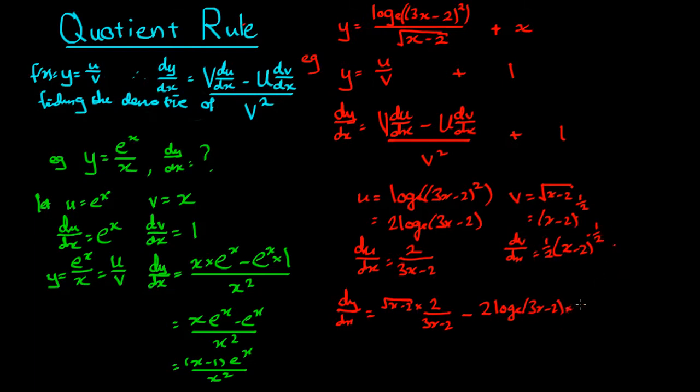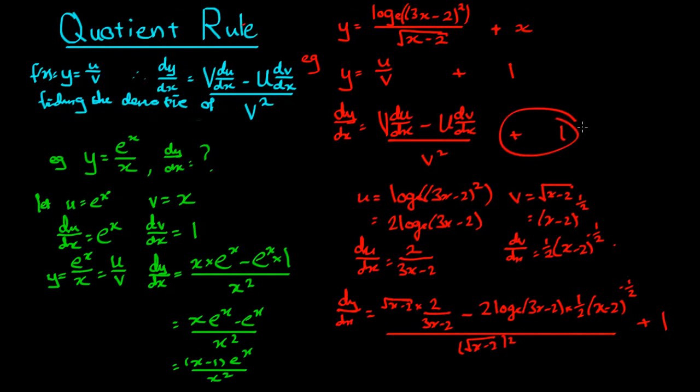Well, that's there, times 1/2 x take 2 to the power of negative a half. And this is all over v squared. So the square root of x take 2 squared. And then don't forget we've got this plus 1 on the end from the x that's hanging out over there.